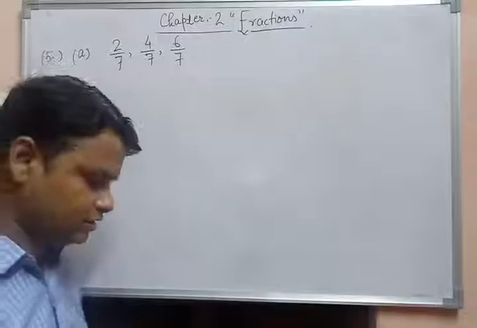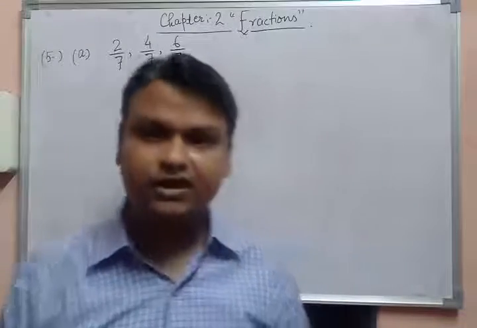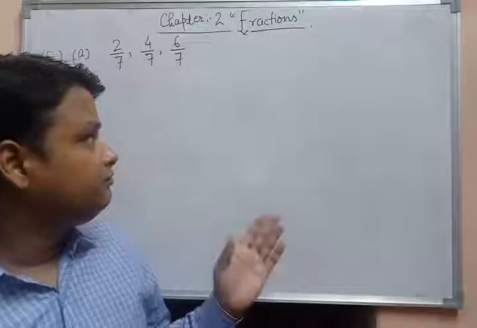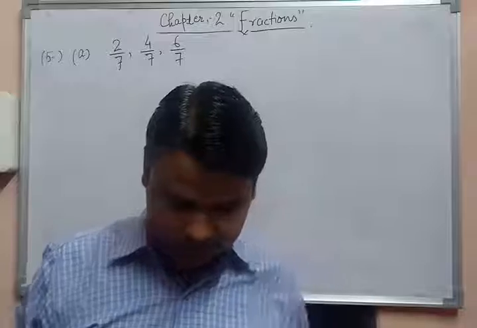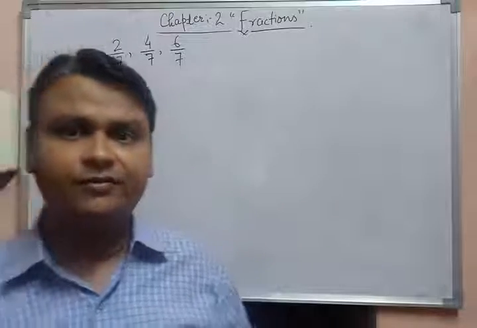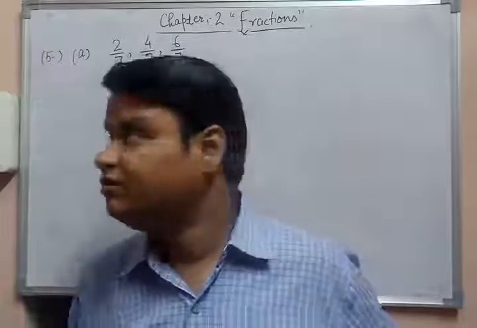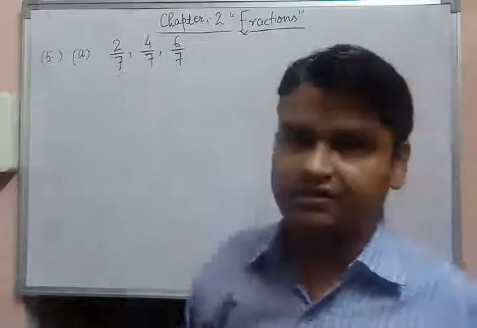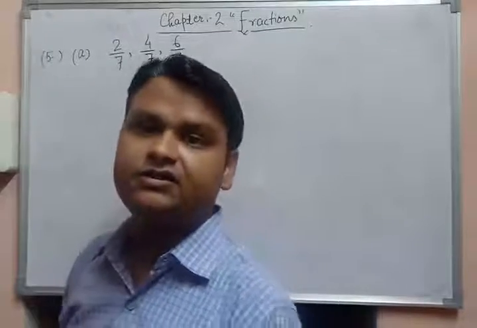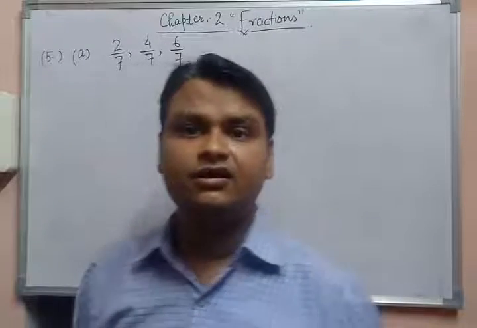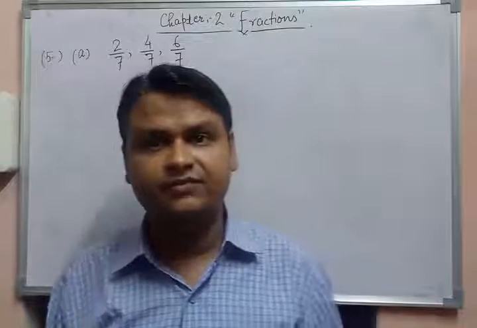So students, this is another question which is related to ascending and descending order, and in this question there are two types of problem. First, you are given like fractions, and if you arrange like fractions in ascending or descending order, then it is a very easy process.